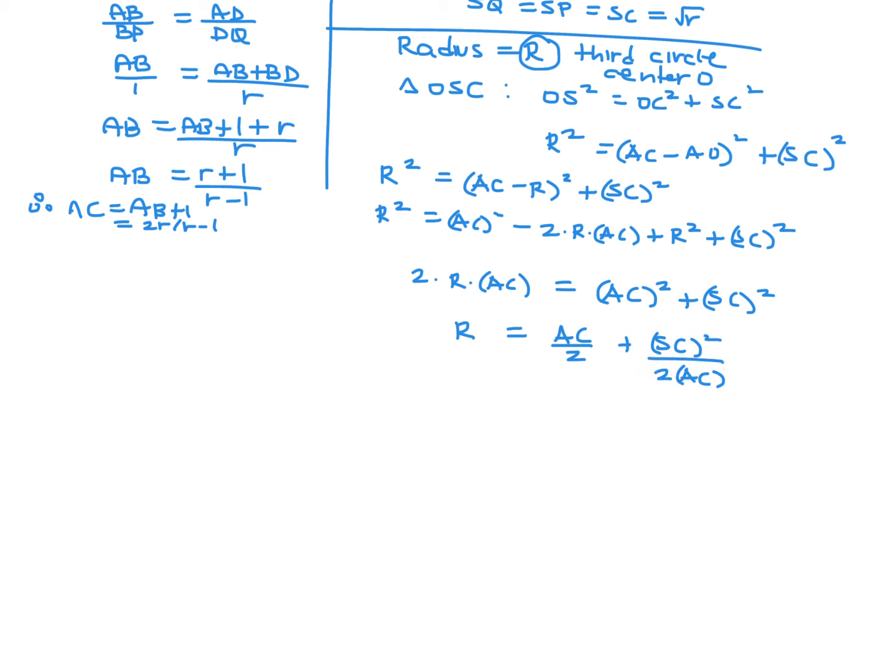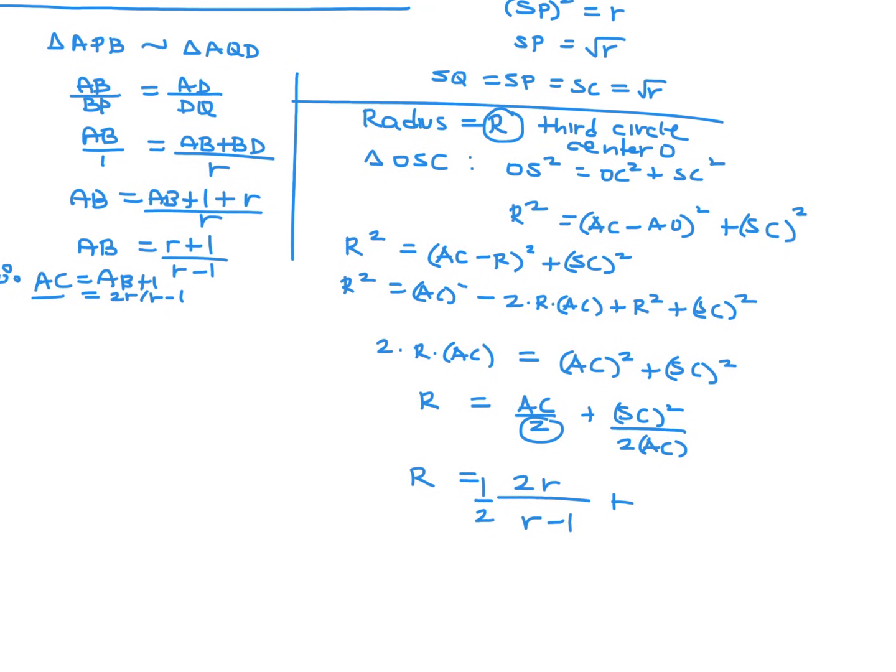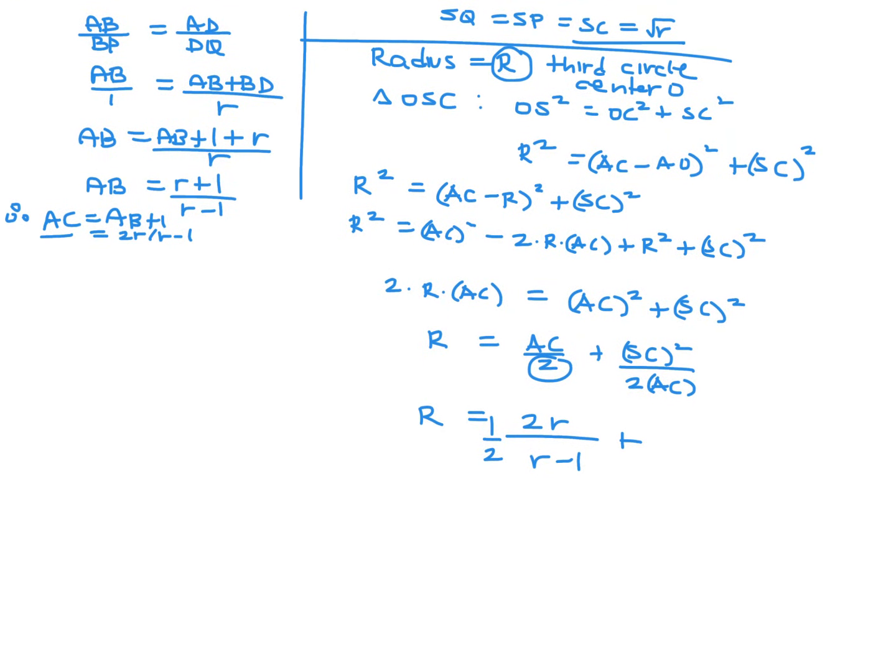And then now I can substitute. AC I believe is right here, right? That was AC. So that was 2R over R minus 1. And I've got to put a 2 because of this guy, so I'll put the 1/2 out front like that. And then SC, I believe I did that somewhere here. Oh, here it is. SC is root R. So that SC squared, therefore, would be R. Correct? Yeah.